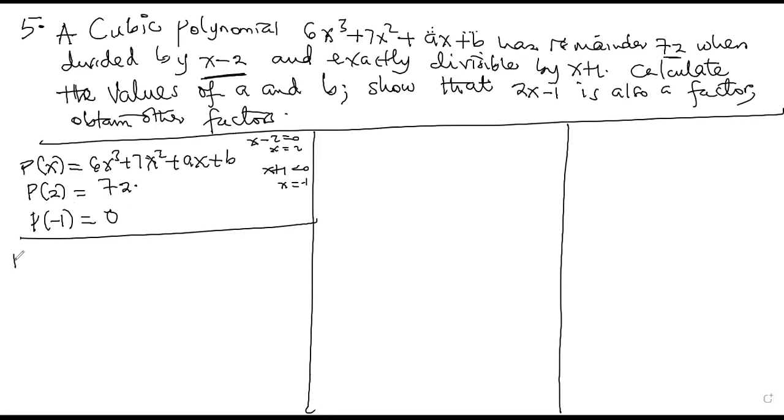So look for p of 2. P of 2, substitute 2 wherever you find x there. It will be 6 into 2 cubed plus 7 into 2 squared plus a into 2, then plus b.